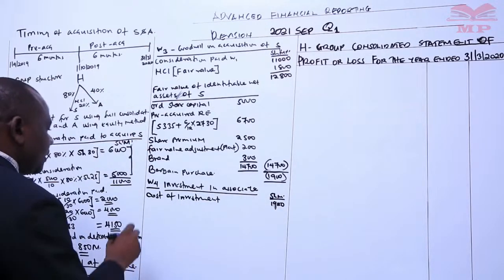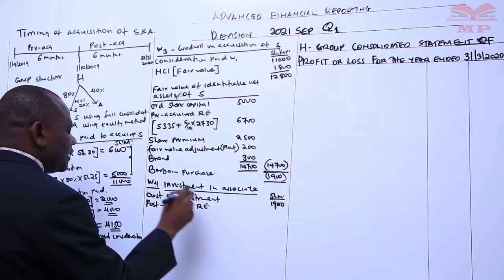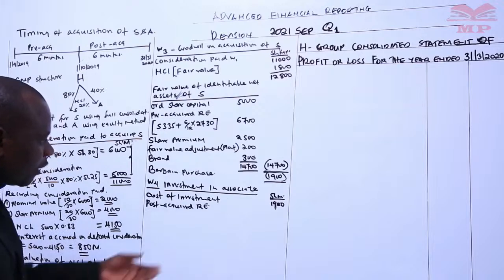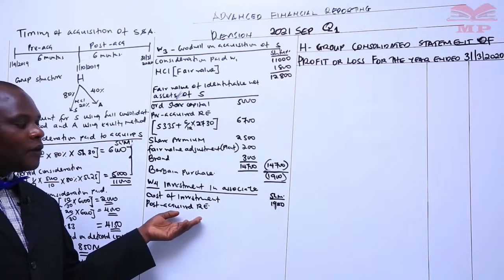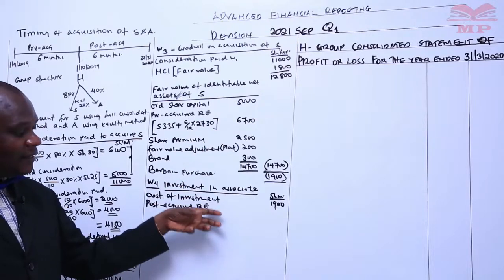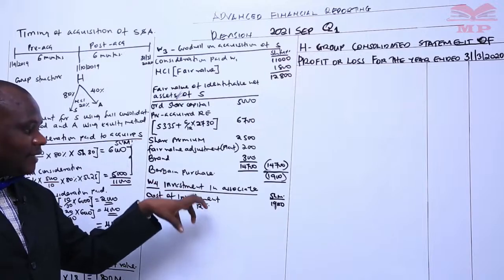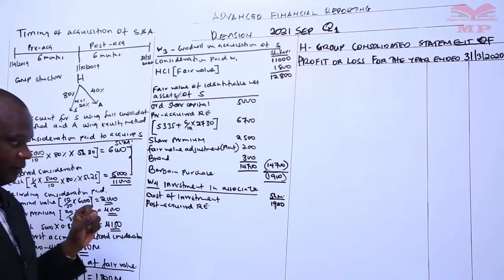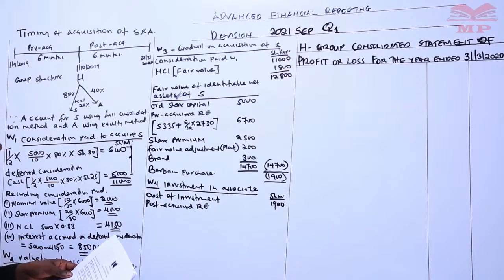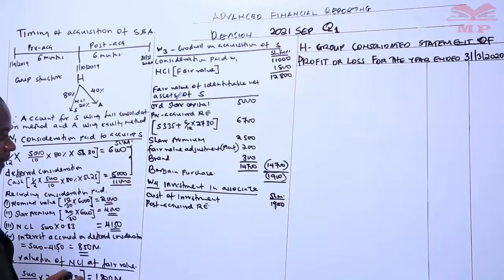Then to this we add post-acquired retained earnings. Why post-acquired? Because H is interested in what it is getting in A, or its investment in A. So the post-acquired is simply the profits that H made together with A.